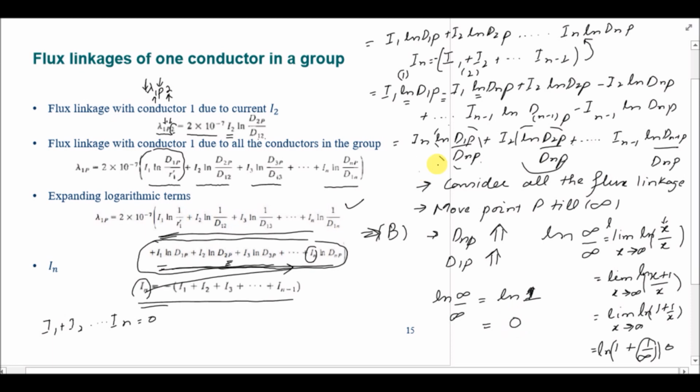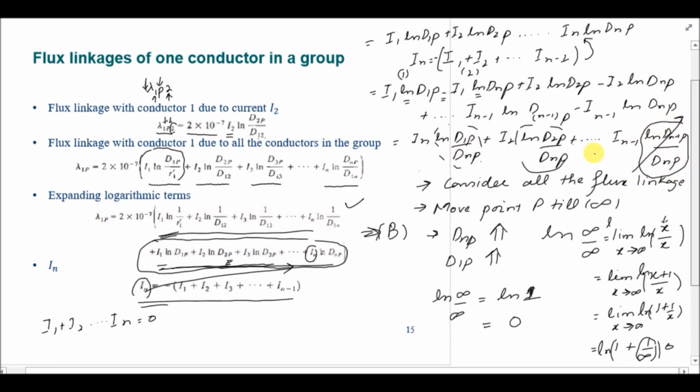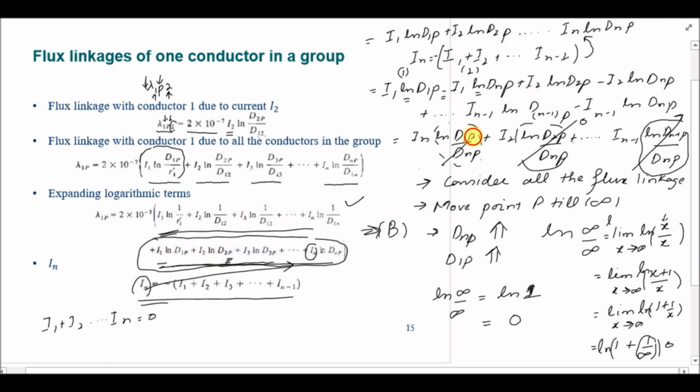All the terms having ln d1p over dnp, ln d2p over dnp, ln dnp over dnp will become 0. This will be 0, this will be 0, this will be 0. So this term will be equal to 0, and we will only have the flux linkage formula which has no p term in it.